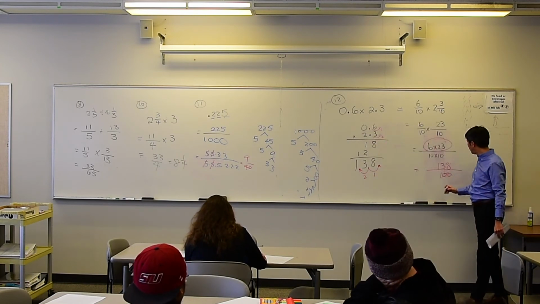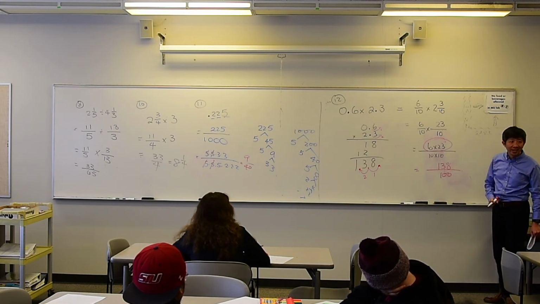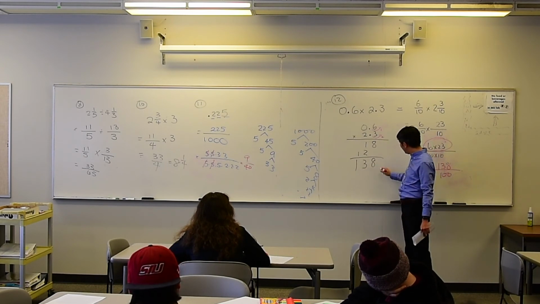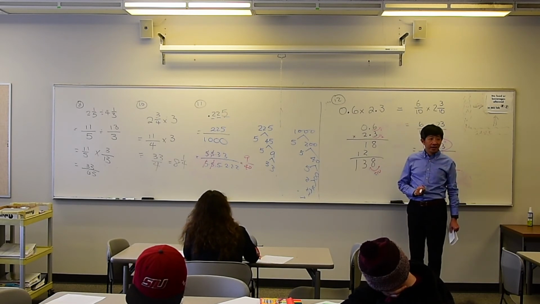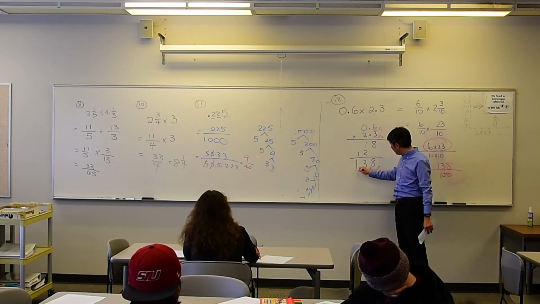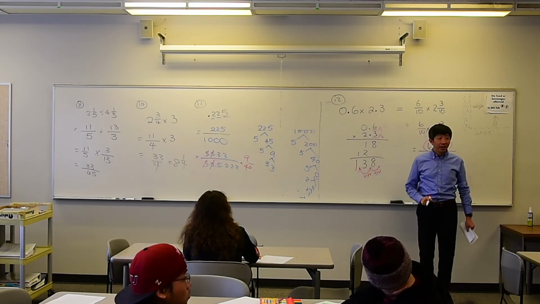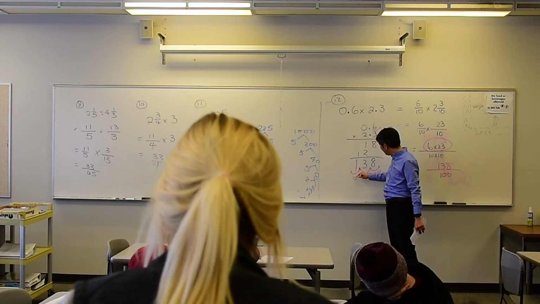What does this mean? That means we divide by 100. See? If we divide by 10, we're right here. If we divide by 100, we're right there. If we divide by 1,000, we're right here.